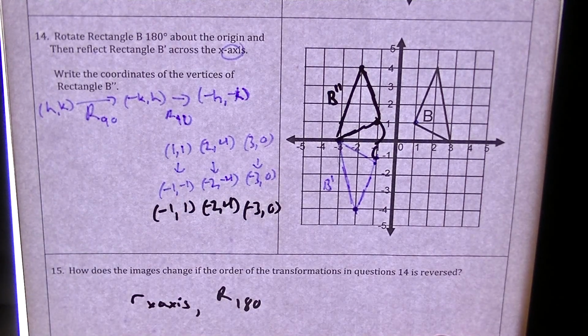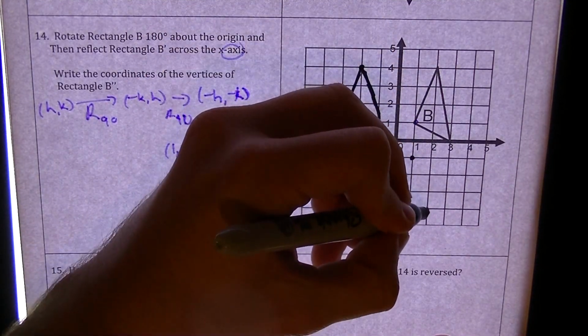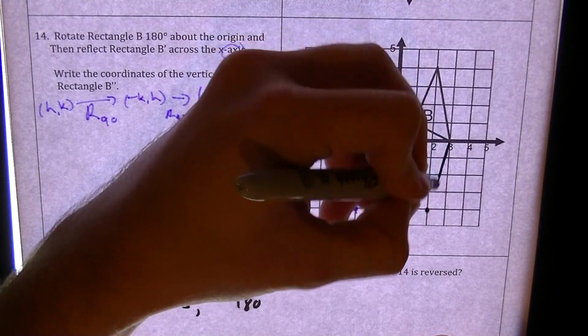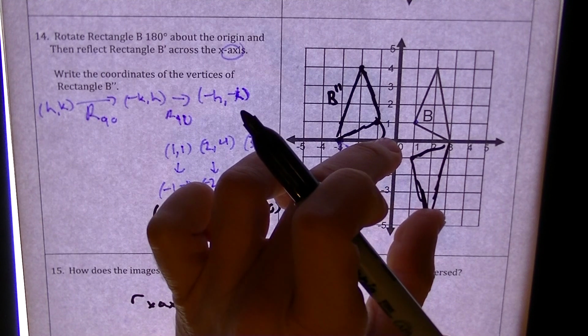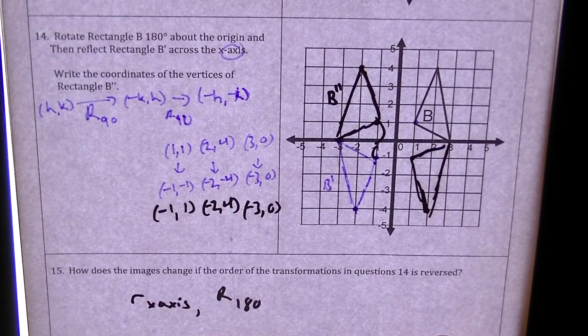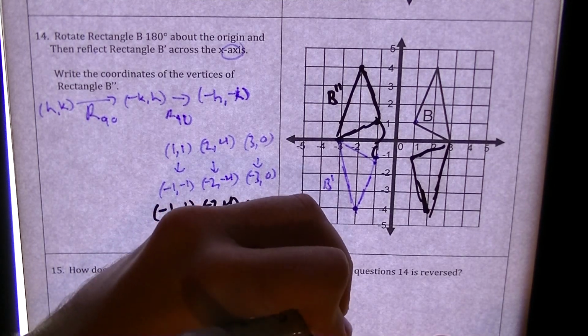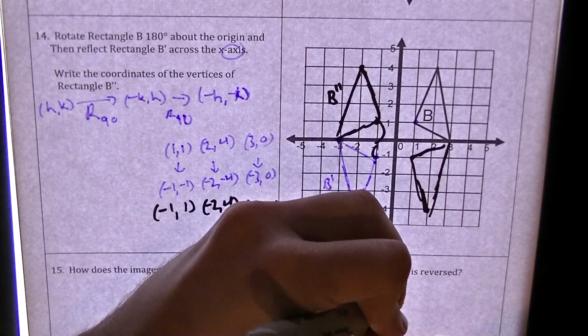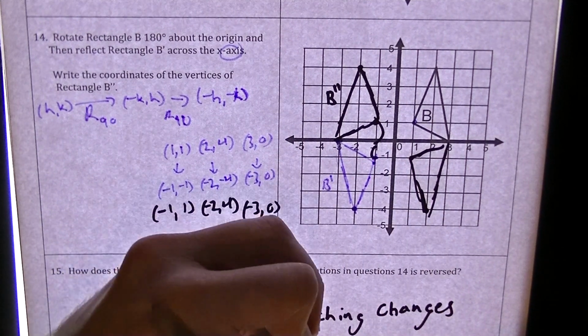Well, if I reflected over the x-axis, I would end up looking like this. And if I spin this 180 degrees, it looks like it's not going to change it at all. So I'm going to say nothing changes in this case.